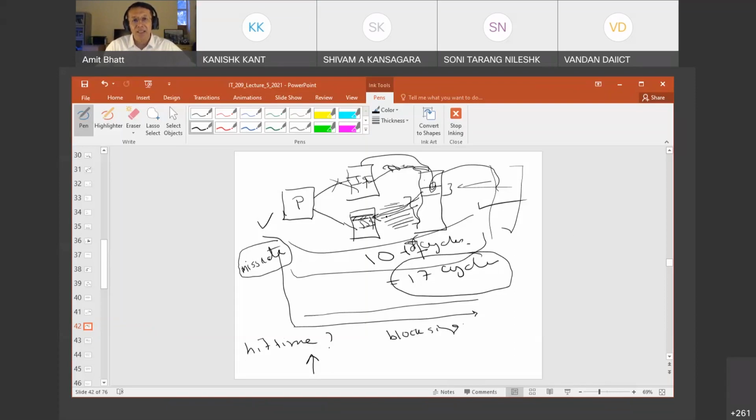So there is another option. This idea of doing it in a very simplistic way, that if you want to write into a block and that block is not there, go to the next lower level, and if the block is found, bring it to L1 cache and allow your processor to write it, is known as write allocate.